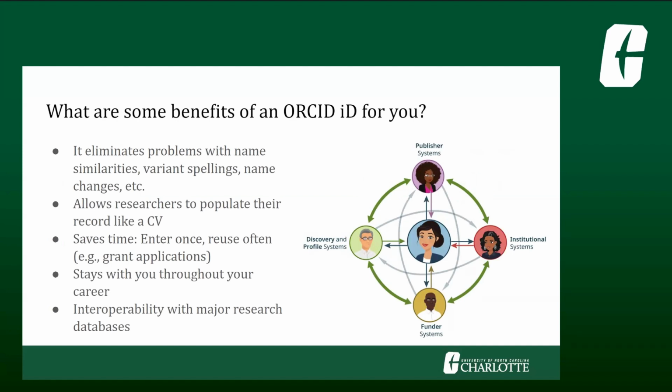It will be with you throughout your entire career and is interoperable with all major research databases. As you can see in that diagram on the right, you can create a synergy to your entire research ecosystem. It's also worth noting that only you have control and access to the information that's posted to your profile, and not any of the institutions with which you are associated.